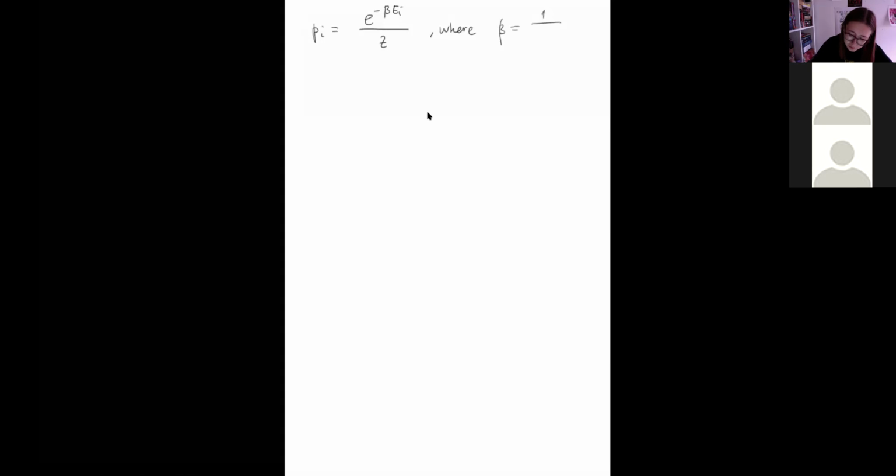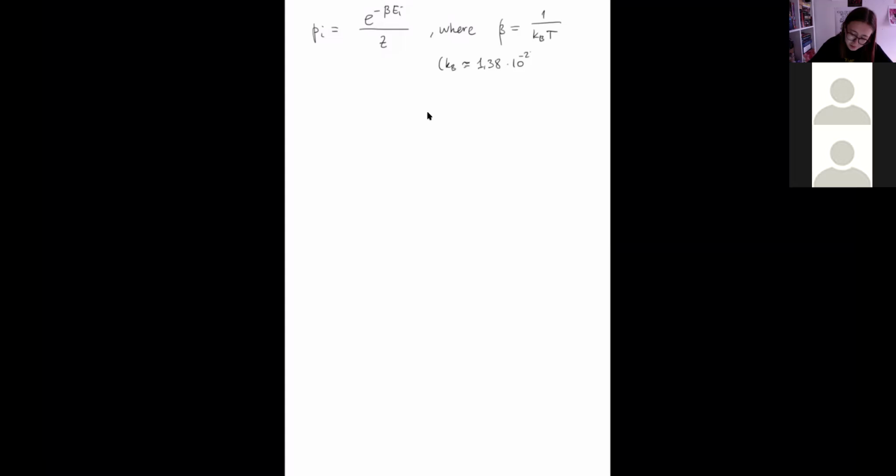So where beta is just 1 over k_B T, where T is the temperature we're considering, and k_B is the Boltzmann constant, which we don't need to concern ourselves with because we're not going to calculate anything. But just for you to know, it's approximately 1.38 times 10 to the power minus 23 joule over Kelvin.